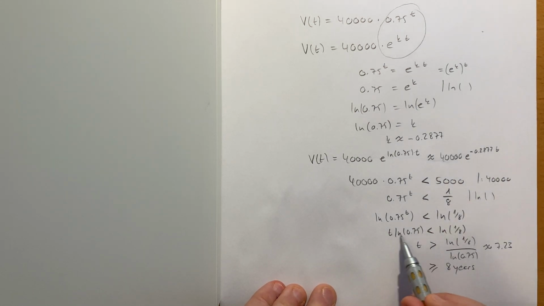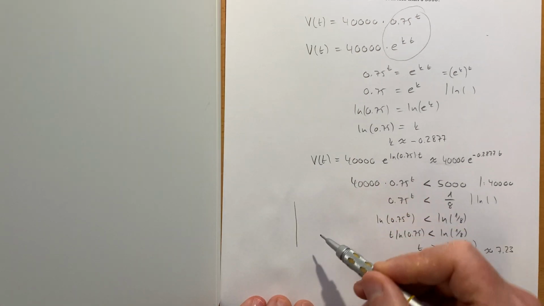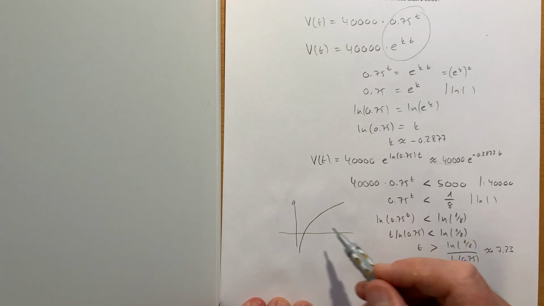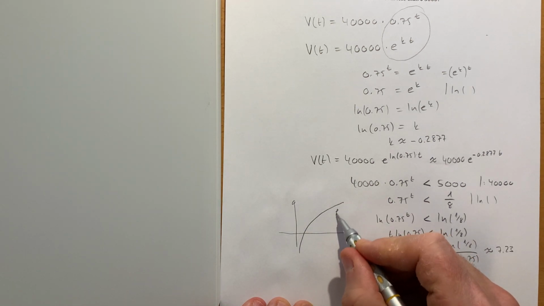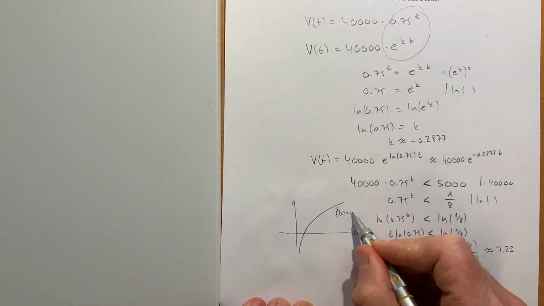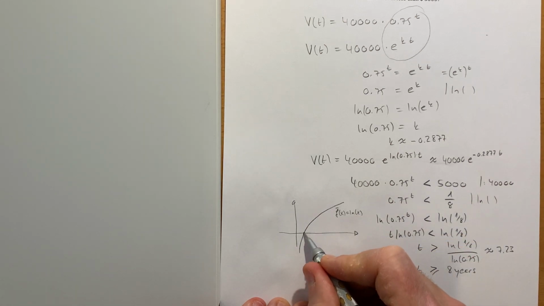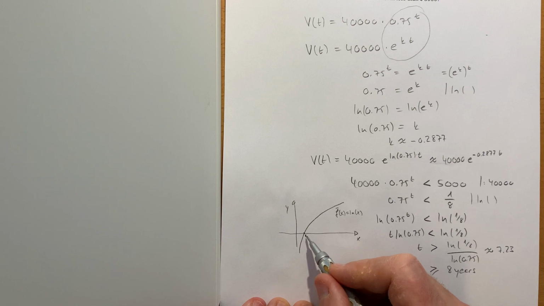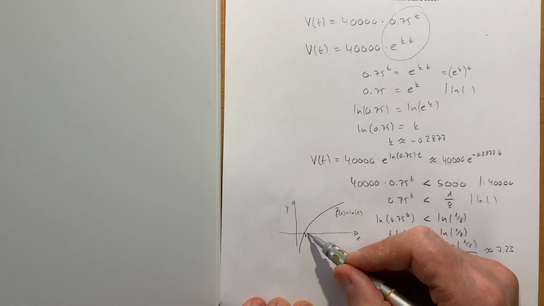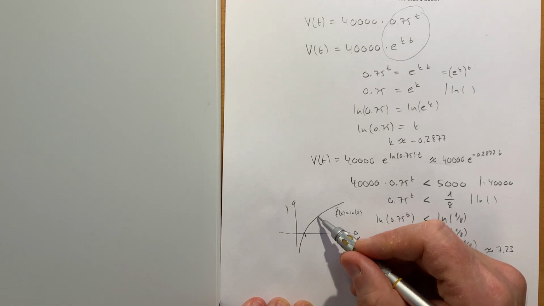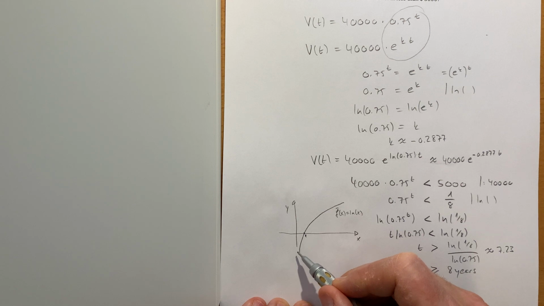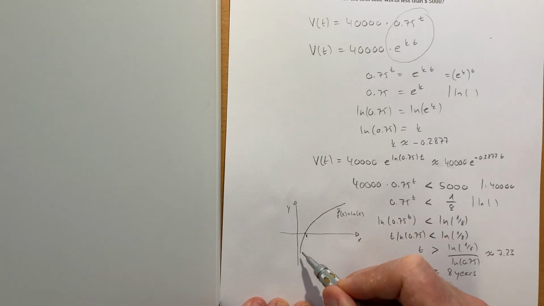Let me just re-explain this step here. You have your ln function, which is the inverse function of the e to the x function. This is 1, this is the x-axis, the y-axis. Whenever you plug in something greater than 1, you'll get a positive y value. If you plug in something between 0 and 1, you're going to get something negative.